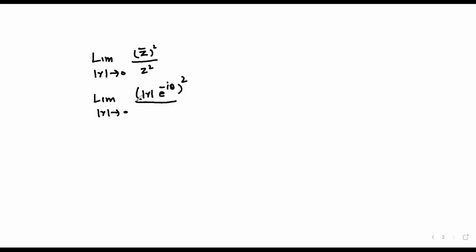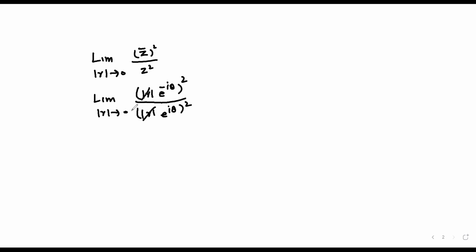Now applying the limit as modulus of r approaches 0 of (conjugate of z) squared over z squared. So here we have modulus of r e raised to power minus iota theta and whole squared, divided by modulus of r e raised to power iota theta and whole squared.